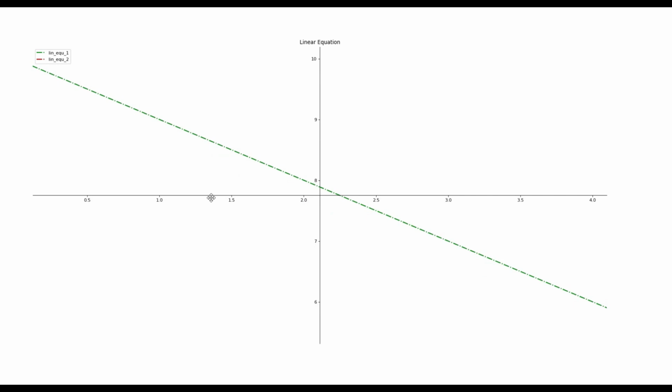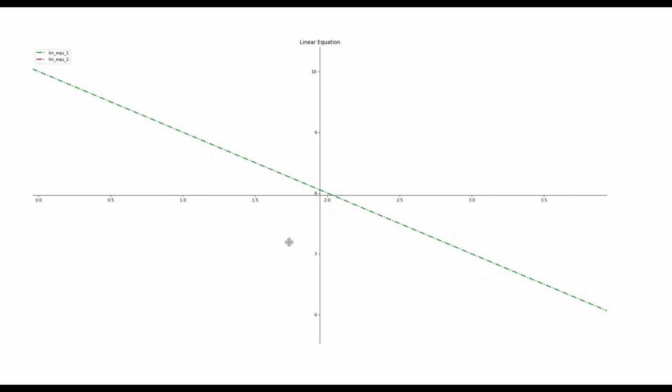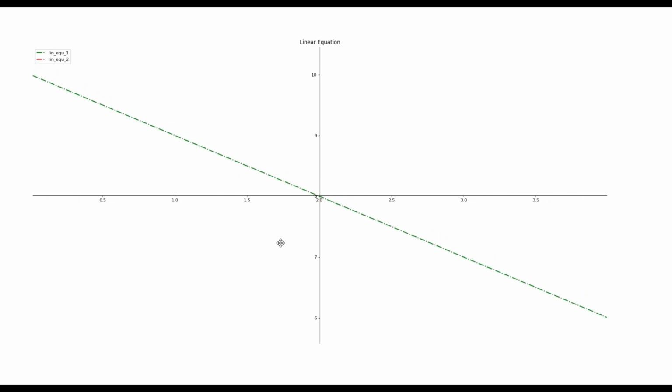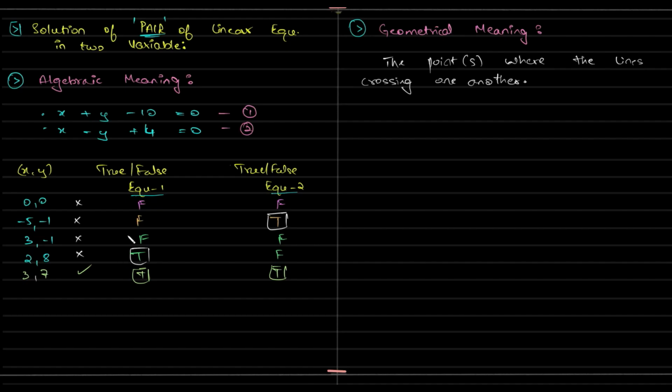So 2,8 is a point wherein the green line is passing while the red is not. That's why it makes sense that equation 1, which is the green line, is true for equation 1 but false for equation 2.